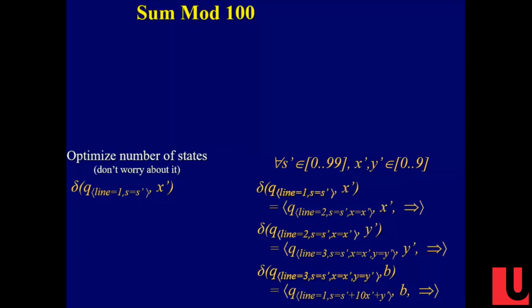So if I'm here, what state should I go into next? Some value of S. Do I want to remember X? No, I don't remember X. What do I need to do instead? Exactly.